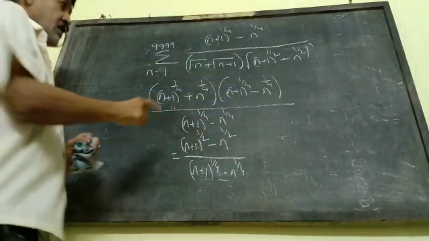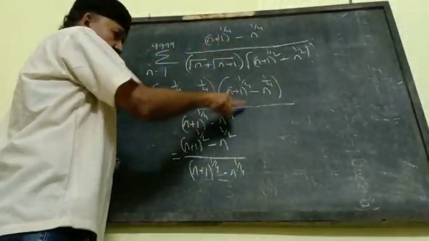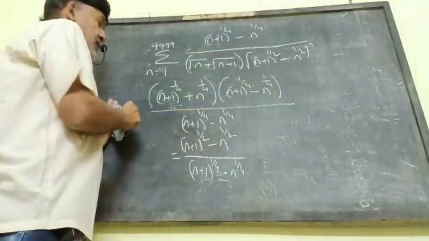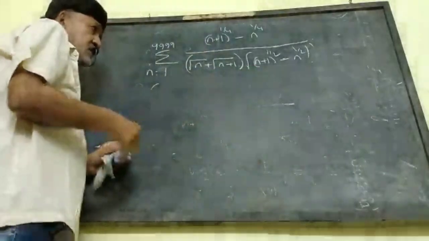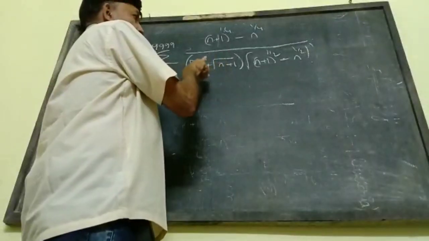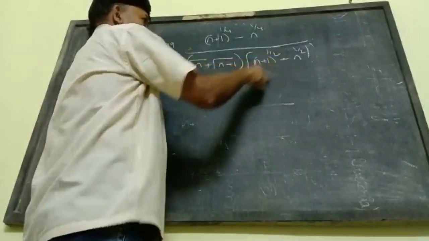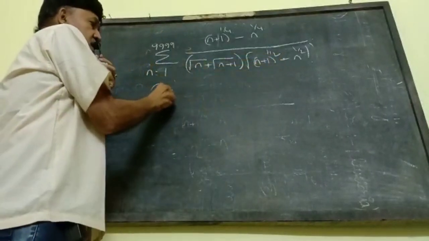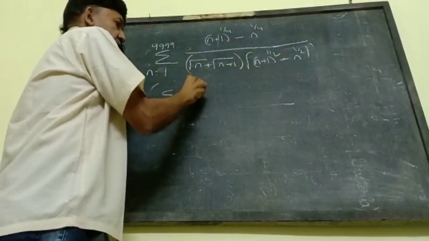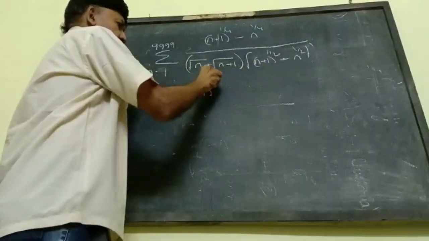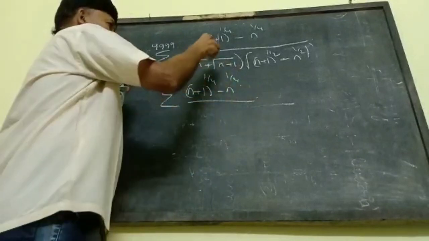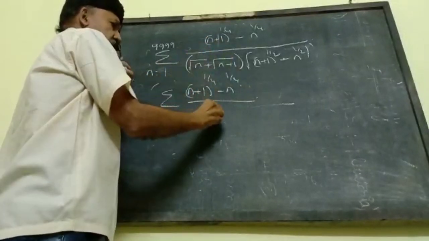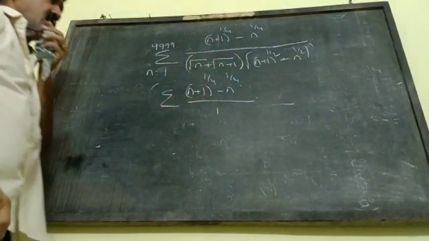Watch. When I multiply and divide, this becomes like this. Now this is once again a plus b into a minus b form. So finally you will get (n plus 1) power 1 by 4 minus n power 1 by 4, this square minus this means 1.